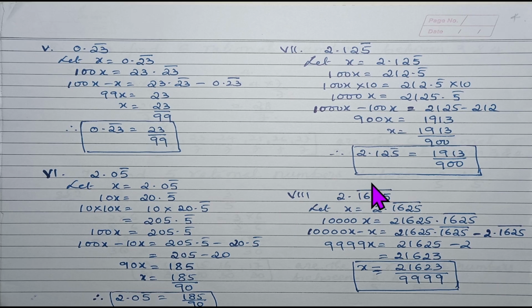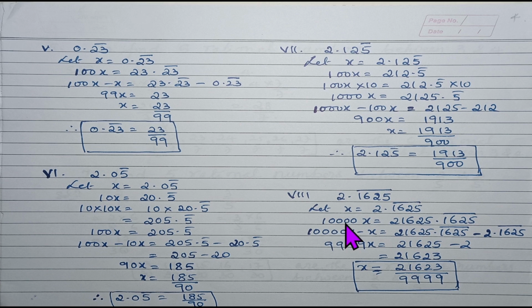Now the next example is 2.1625 bar. If you observe here, it's a pure form of the decimal expansion for a rational number. Now assuming x is equal to 2.1625 bar, move this 1625 to the integer part. So how many zeros you have to take? 1 2 3 4. So 1 followed by 4 0 into x is equal to 21625.1625 bar.